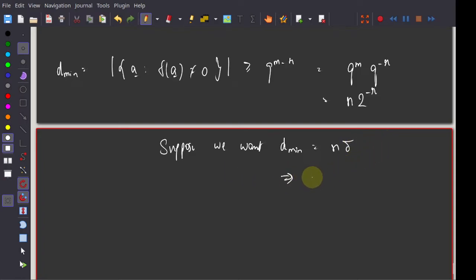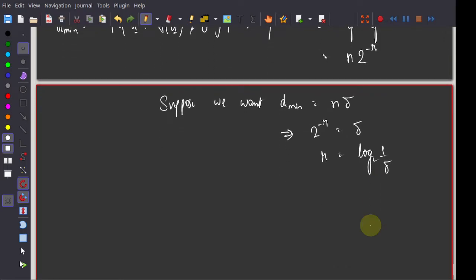So this implies that I should take 2 to the power minus r to be equal to delta, or r should be log 1 over delta. You agree?